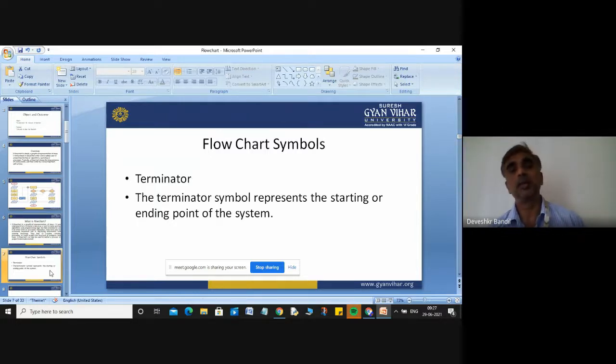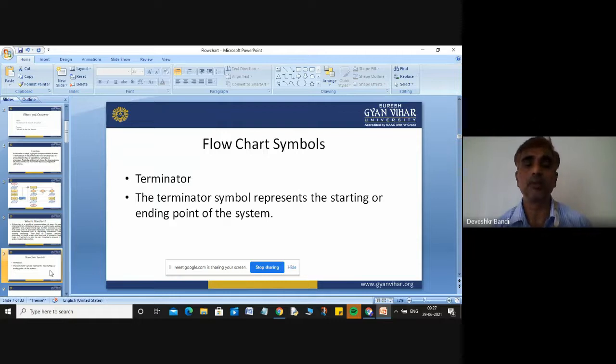In one symbol you will write the process, in another symbol you will write the decision, and in another symbol you will write the output. So here, the terminator is one of the symbols of your flowchart.